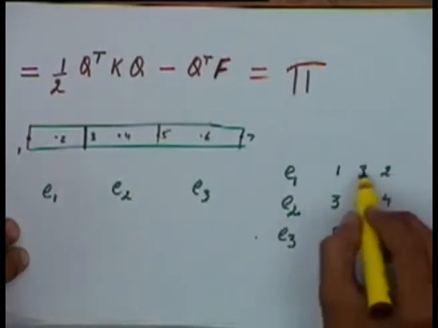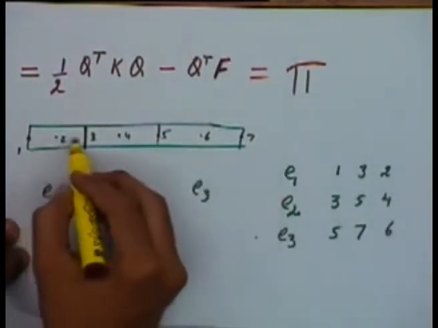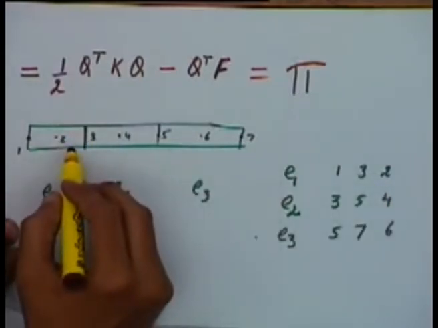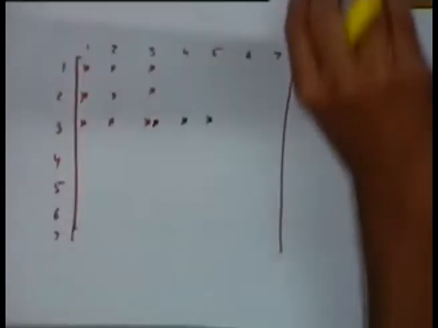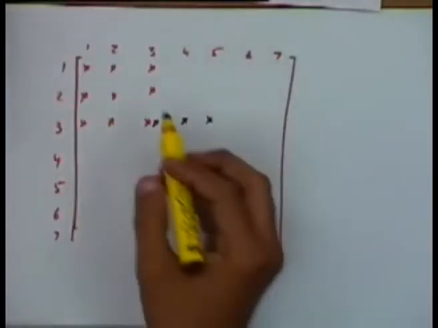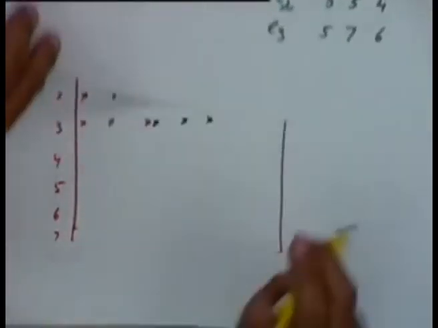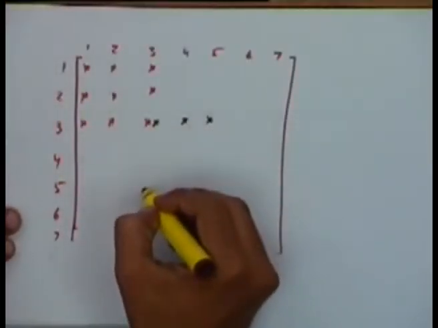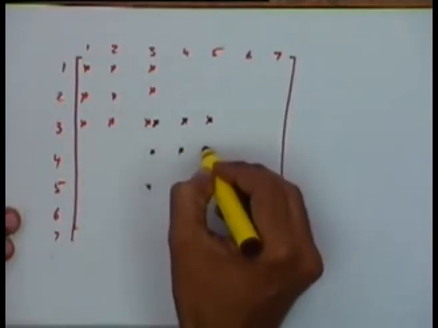I can't interchange these numbers here. If I interchange them, all my forces etc. will go wrong. So element 2 is between 3, 5 and 4.